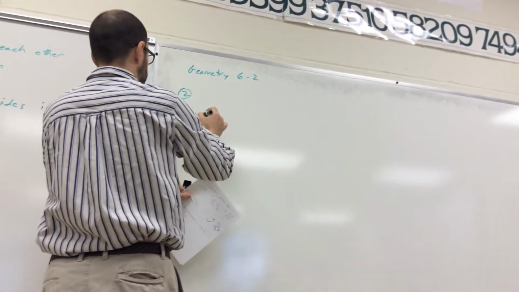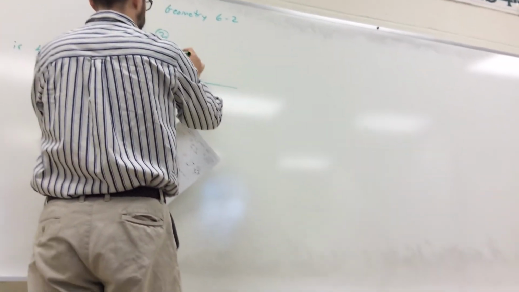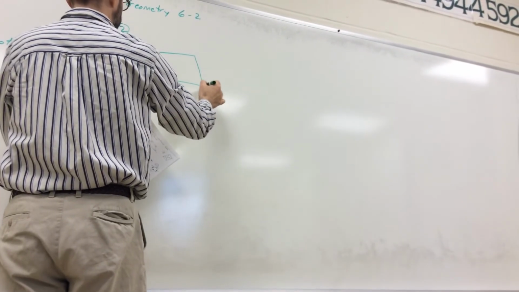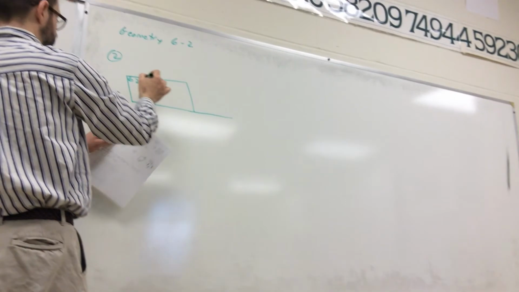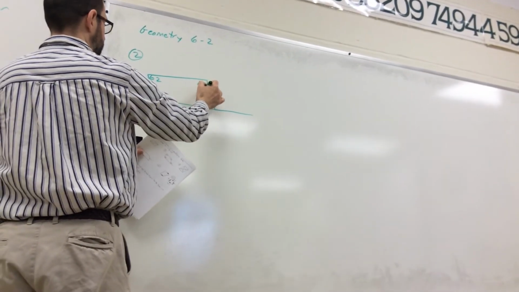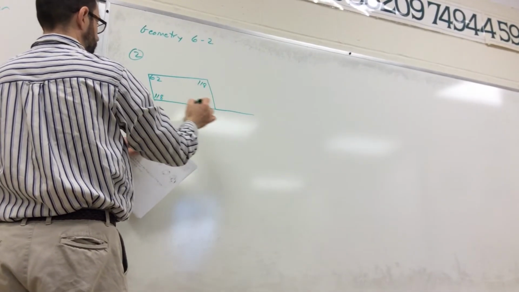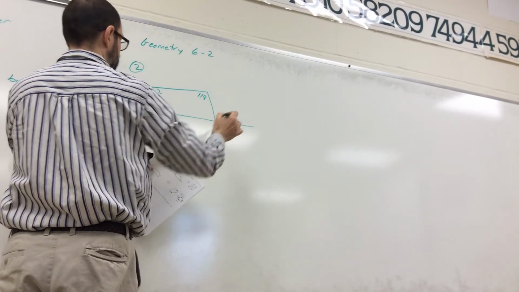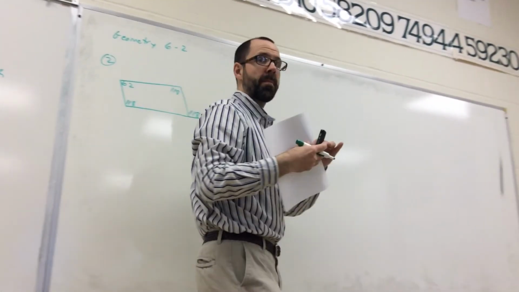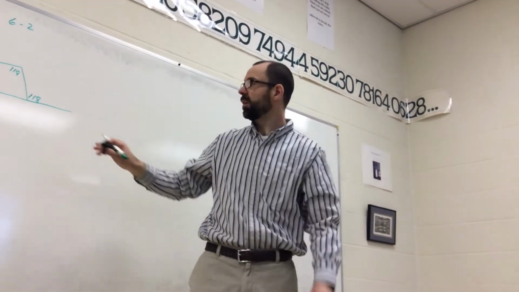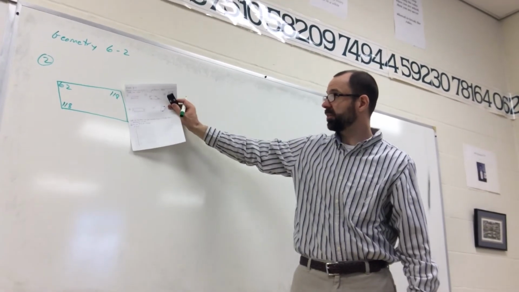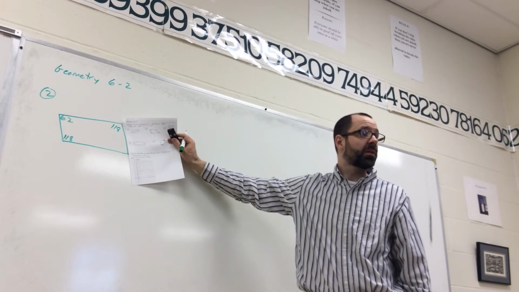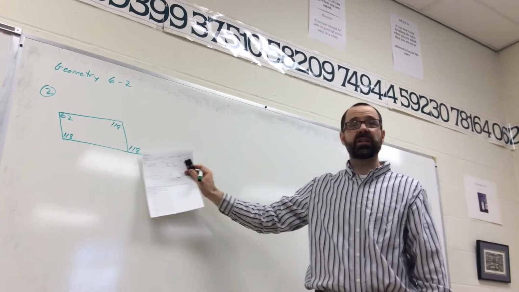Let's start with number 2. Do not need to draw this picture. We can just all look at it up here. So we've got a 4-sided figure. There it is. Then we have this extra line coming off of it.